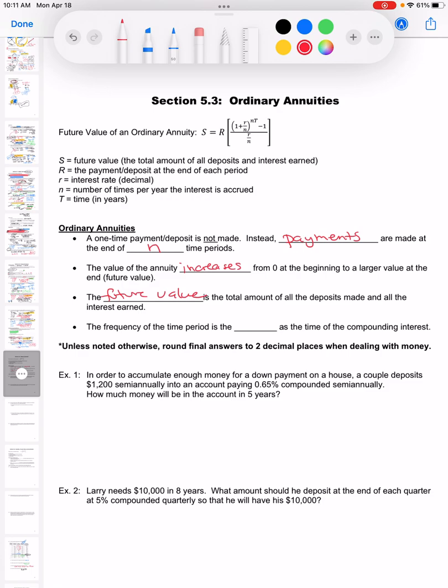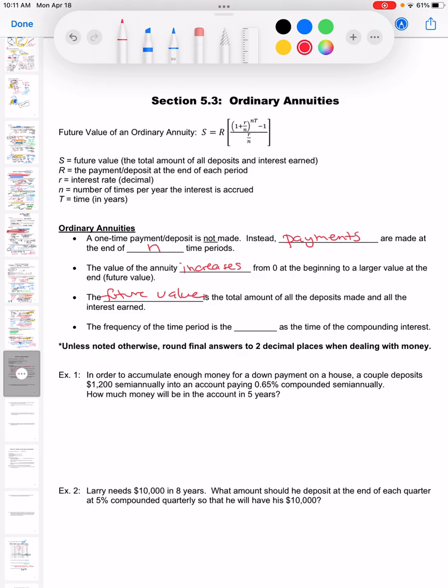So if I want to know the future value of my retirement, I would include continuing to make deposits every month for 15 years. It's not the value right now. We're going to get to that in the next section, but it's the value if we kept making those payments for the entire length of the account.